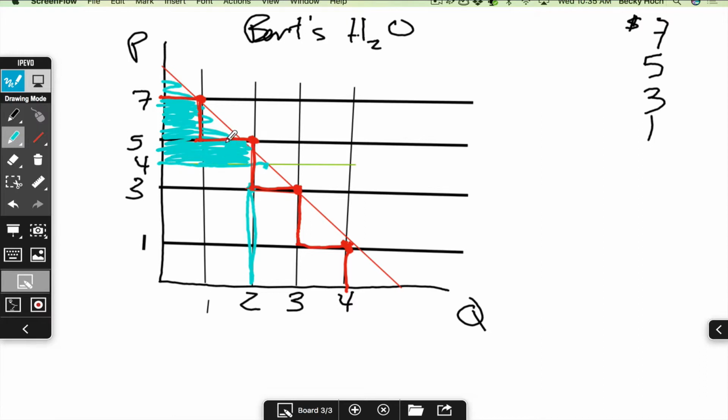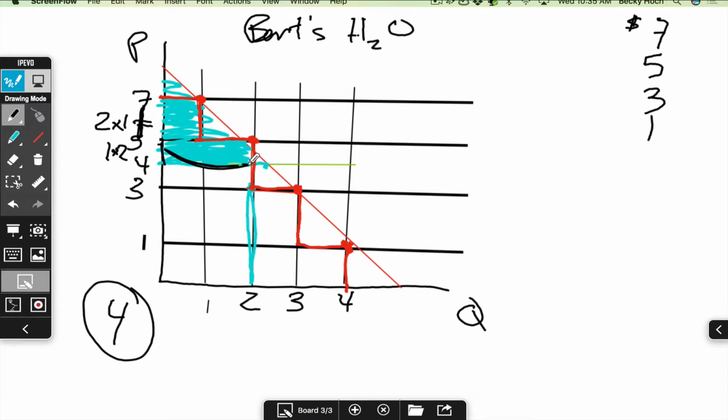So because we have a jaggedy line one, we don't need to do triangle, because we can use actual numbers, right? So we have 2 times 1 there, right? And we have 1 times 2 there. No, this is $2 there and a quantity of 1. Yep. This is $1 there and a quantity of 2. So should we just do the stair step in the first? If it's giving you numbers that way, I suppose so, in the schedule.